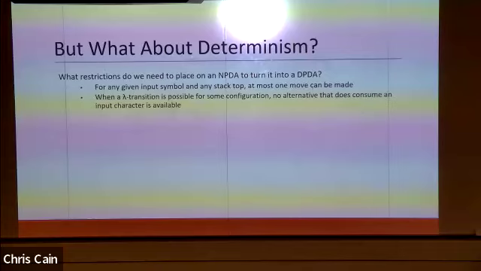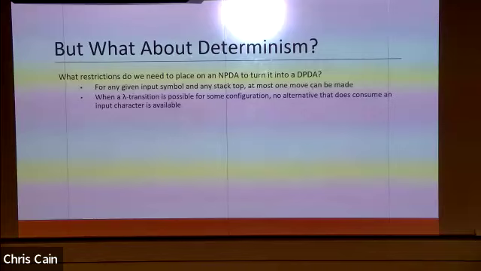There's one additional rule here, though, that says if a lambda transition is possible for some configuration, no alternative that does consume an input character is available. What does that mean? We can't have two rules that say something like: from state Q1, we move to state Q2, consuming no input and making no operation to the stack.